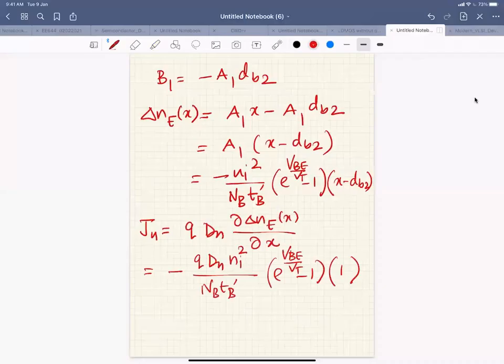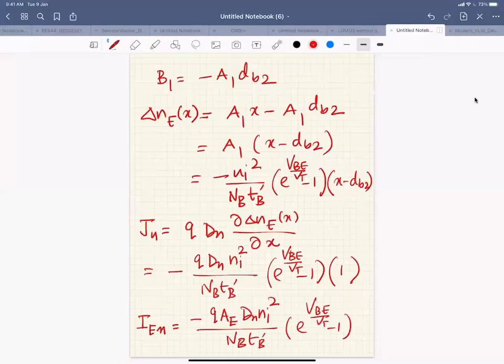So your current, if I want to write this in terms of IEN, then you have to multiply your Jn by the area, and I told you the active area is AE. So I have to multiply by Q times emitter area Dn Ni square divided by NB TB dash e to the power Vbe by Vt minus 1. So this is my IEN, right?